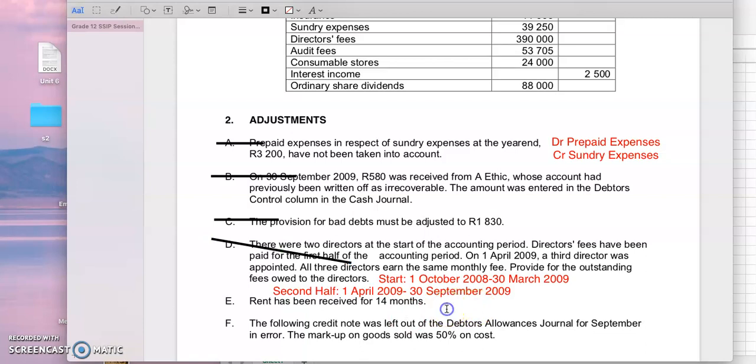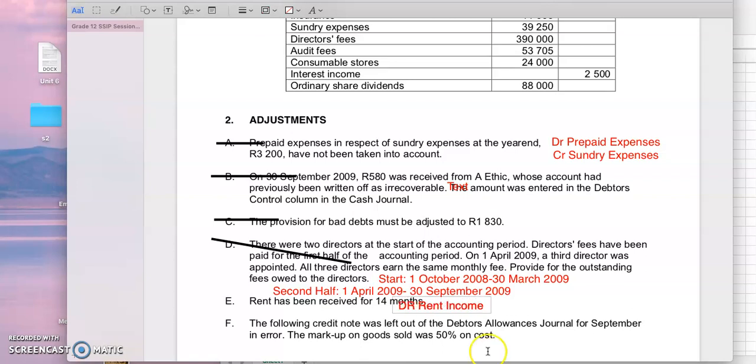But we do need to, in fact, let me write the journal entry for you. We do need to decrease our rent income. So, we're going to debit rent income. Why?